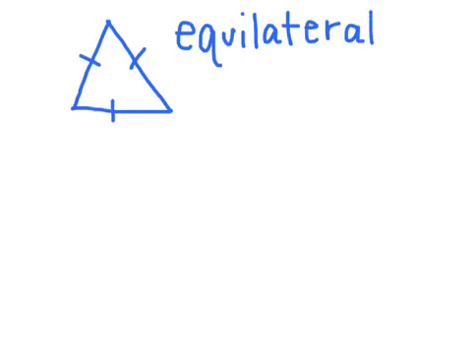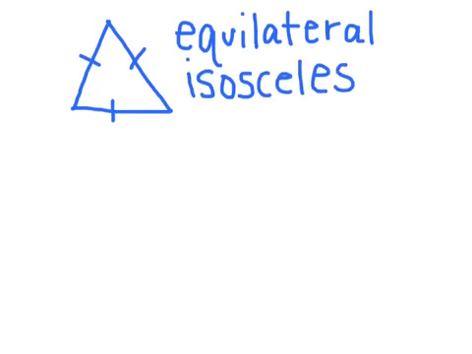What other word is true? Isosceles, because it has at least two sides that are congruent. Now, which one of these words is more specific? Equilateral is more specific. So if it just asked you for one answer, this is what I would go with. But if it said name it in all the ways that you can, I would also call it isosceles.